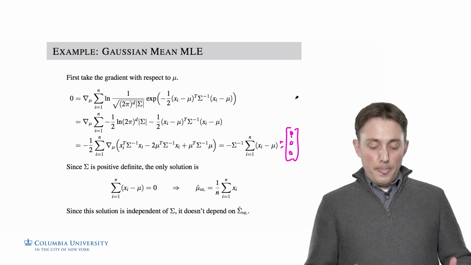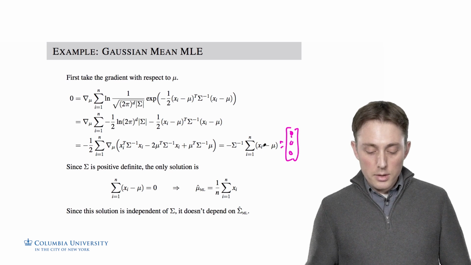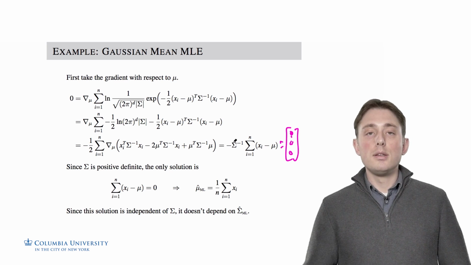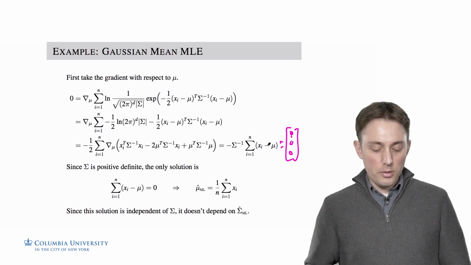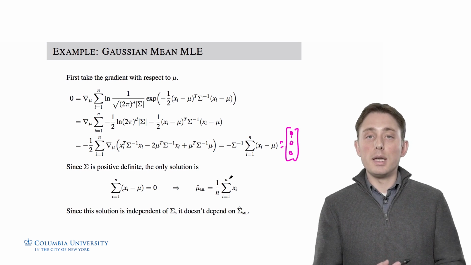Okay, so now let's see if we can solve this. We simply do it by inspection, and we notice that fortunately sigma doesn't matter. For any value of sigma, we can find the optimal value of mu by setting it equal to the empirical average of all of our data points.